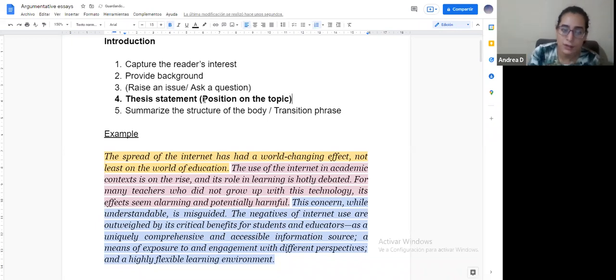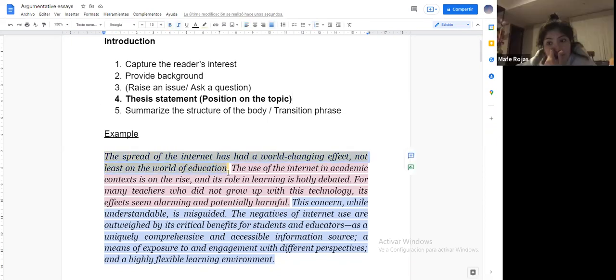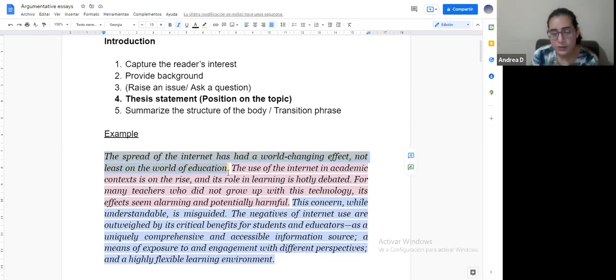That's the basic thing that you need. Now, of course, there are more things that you can do to make a better introduction. Remember that we said the first sentence is usually the hook. The hook is the sentence that tries to capture the reader's attention, to make the reader read more. So that could be your first sentence.